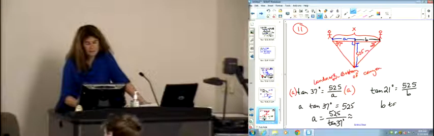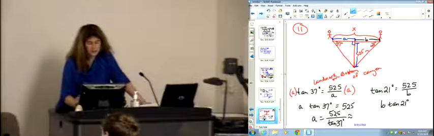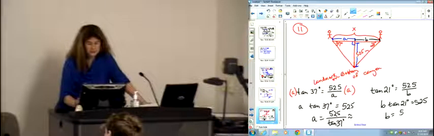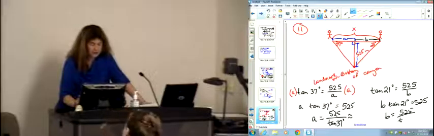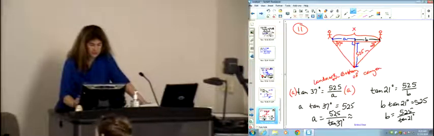Over here, B times the tangent of 21 degrees equals 525, so B is 525 divided by the tangent of 21 degrees.